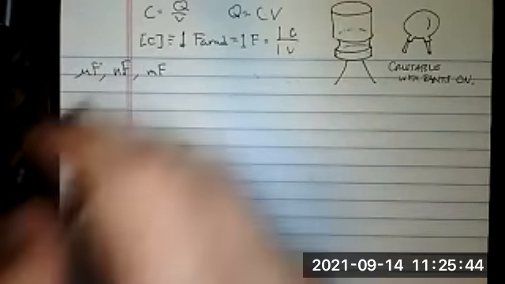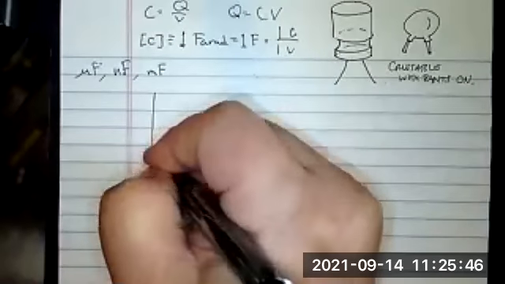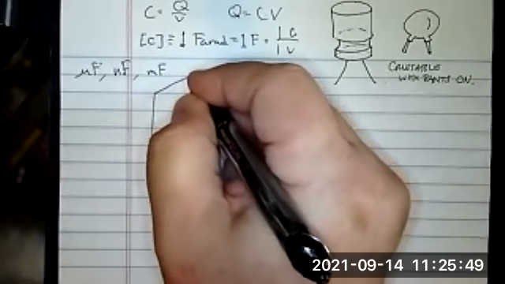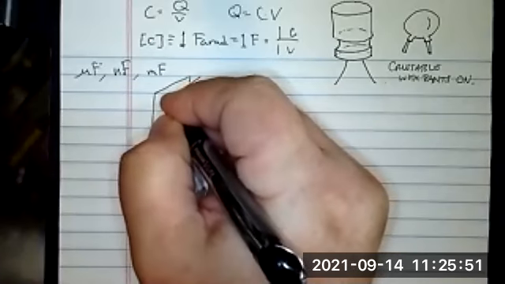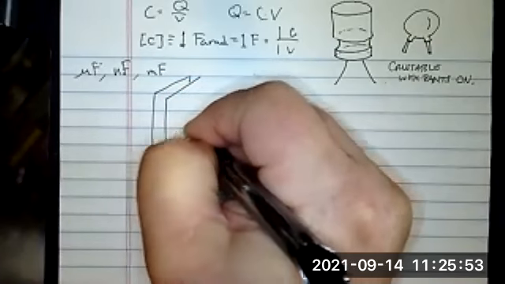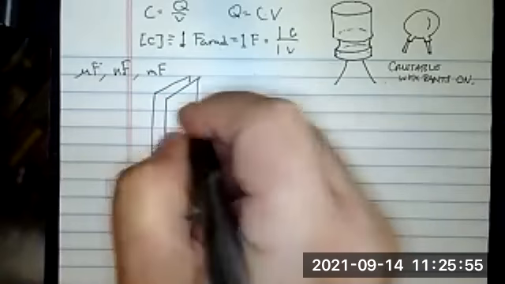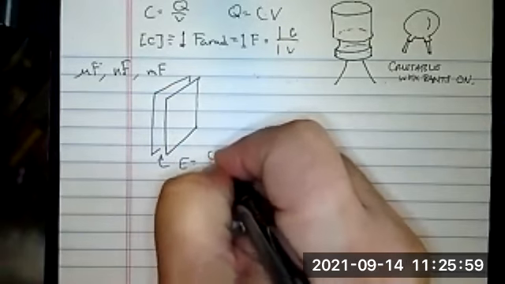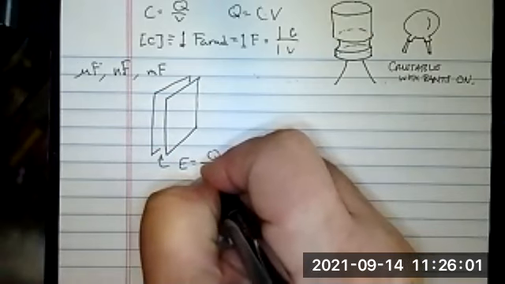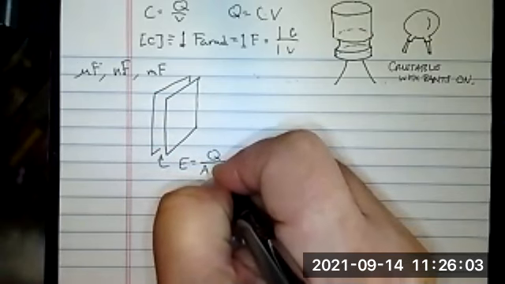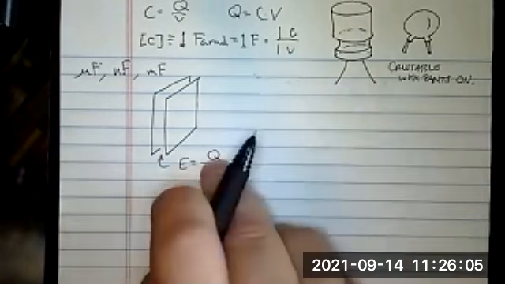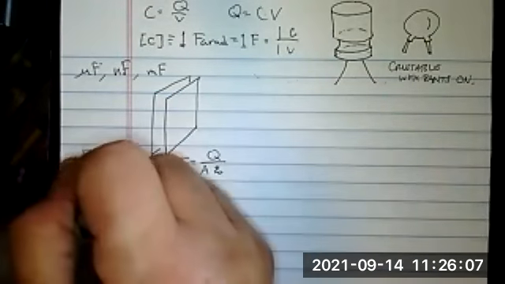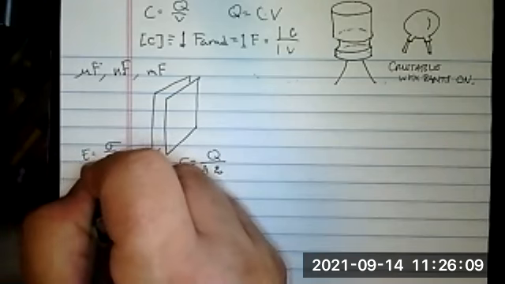What we do know is that for a parallel plate capacitor, we've calculated this already. The electric field inside is the charge on the plate over the surface area of the plate times epsilon 0. Remember, E is equal to sigma over epsilon naught.